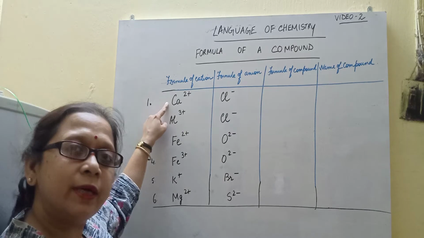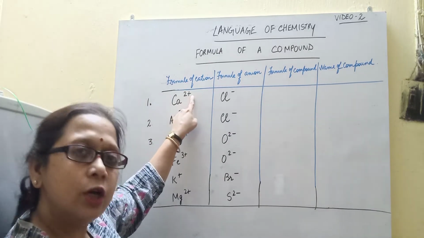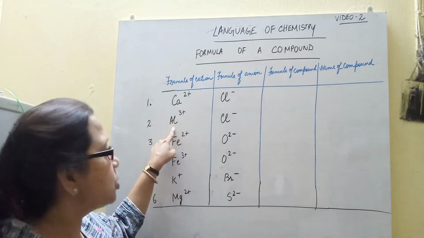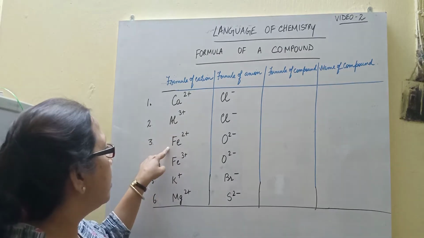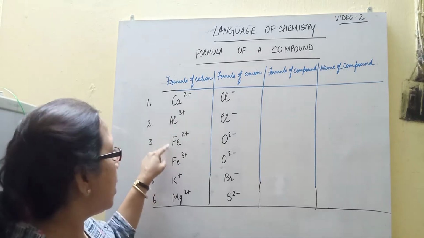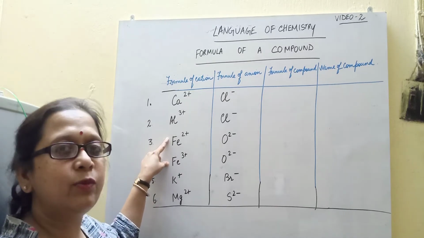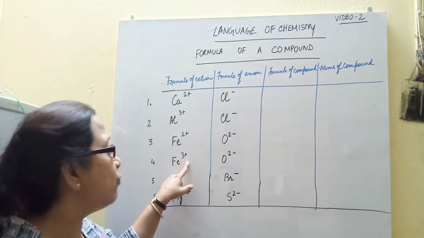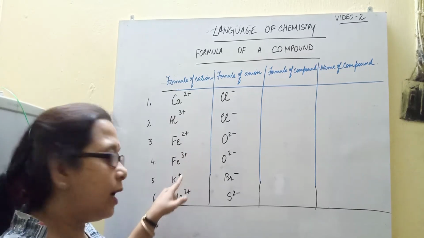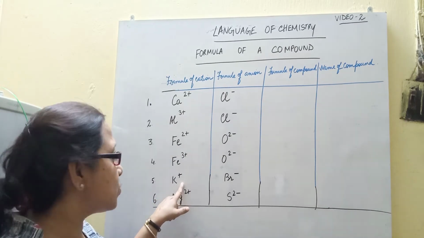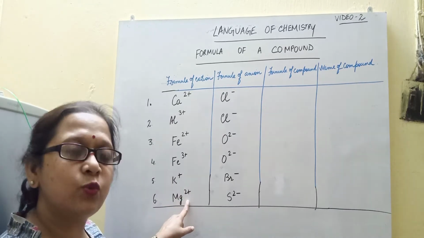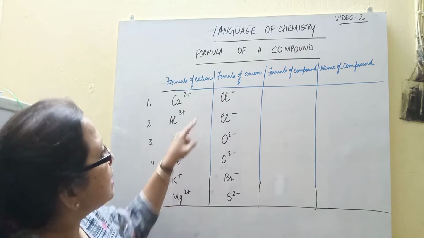This is calcium ion with plus 2 charge, so its valency is also 2. Aluminium has plus 3 charge, so its valency is 3. This is ferrous. Iron also has variable valency, one is plus 2, one is plus 3, so two valencies of 2 and 3. Again potassium has plus 1, that means its valency is 1. Magnesium has plus 2, so valency is 2.